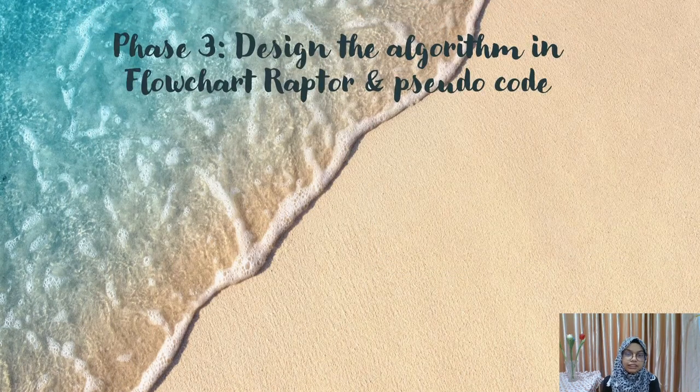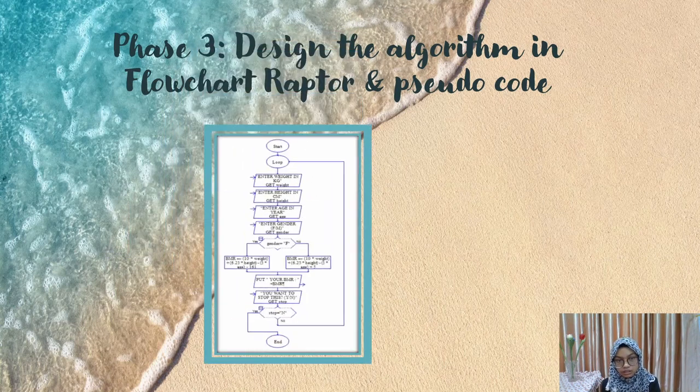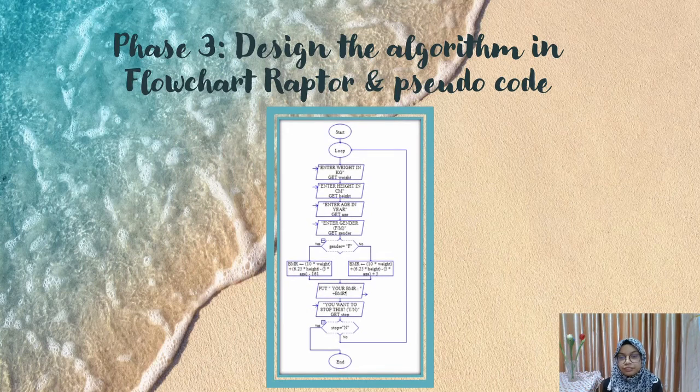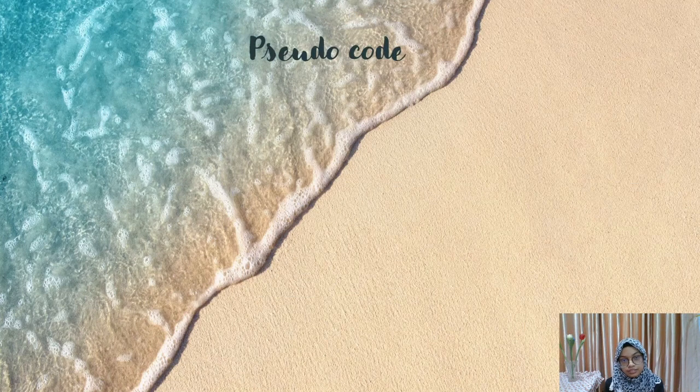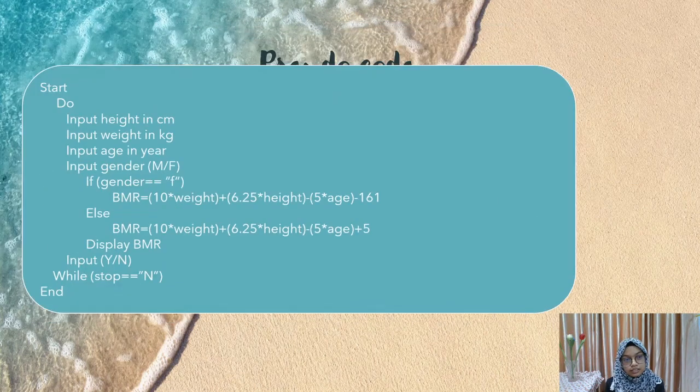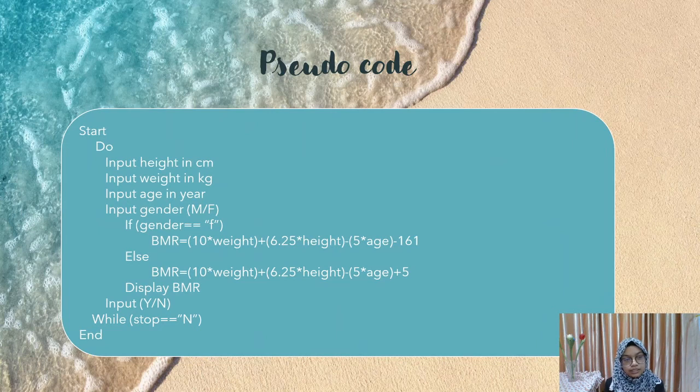Phase 3, design the algorithm in flowchart using Raptor and pseudocode. This is the flowchart from Raptor. And the pseudocode: start, do input height, and then input weight, and then input age, and then input gender.